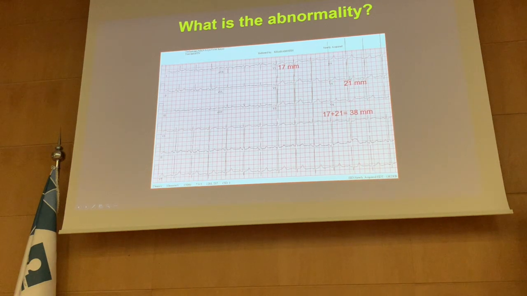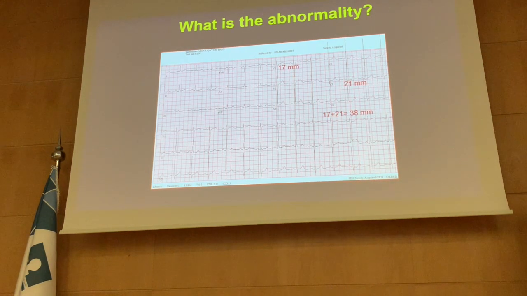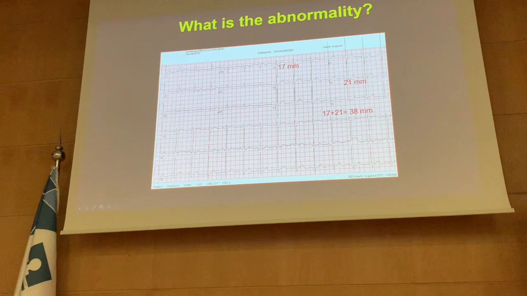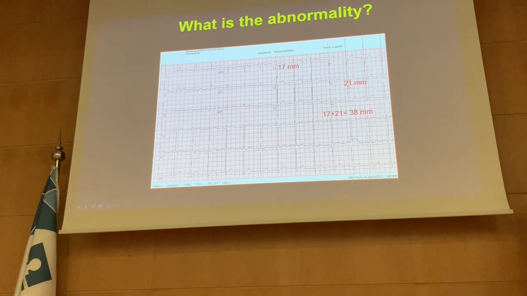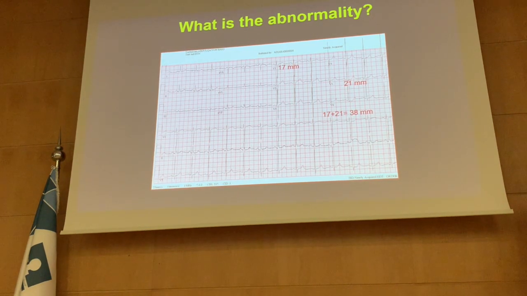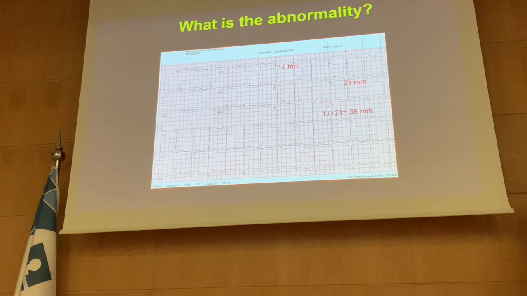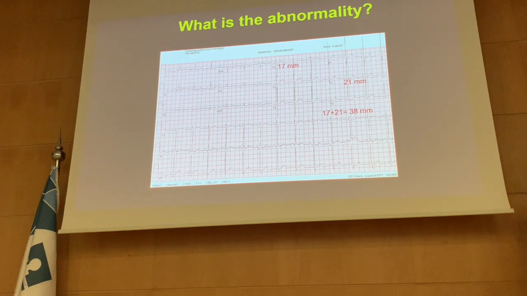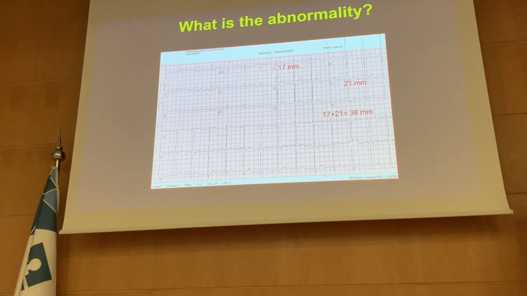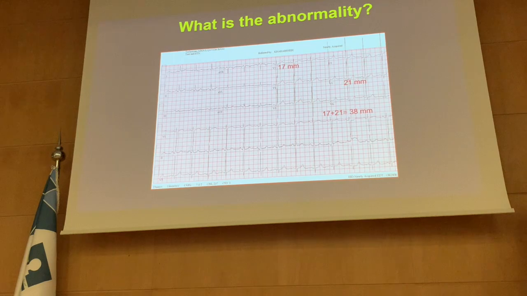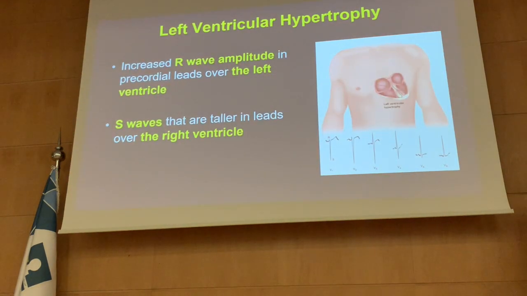Each big square has 5 small squares inside, so each one is 1 millimeter. So you can calculate if there is more than 35 millimeters, that means he has a positive Sokolow criteria which defines left ventricular hypertrophy. But remember, you have to guide it with the scenario. It's not enough. Okay?